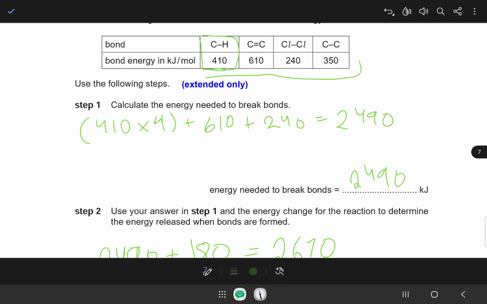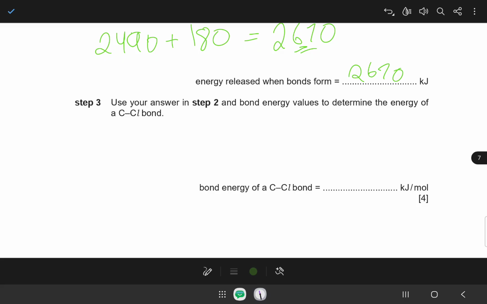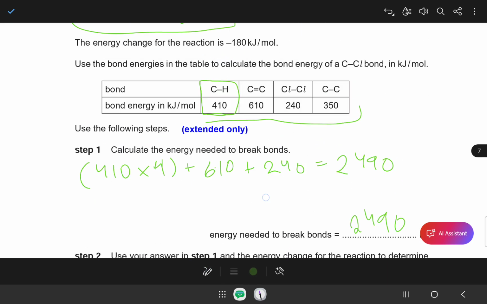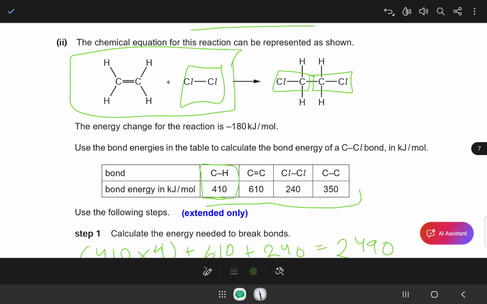So now all we're left with is to use your answer in step 2 and the bond energy values to determine the energy of the C-Cl bond. So here we just have to go back up. We have CH, CH, CH, and CH, and we have the C-C bond.